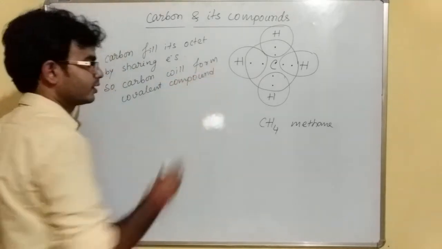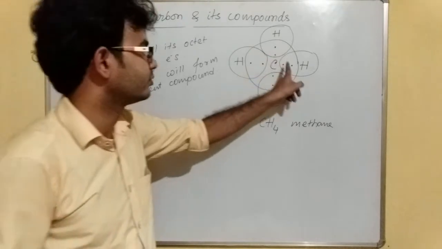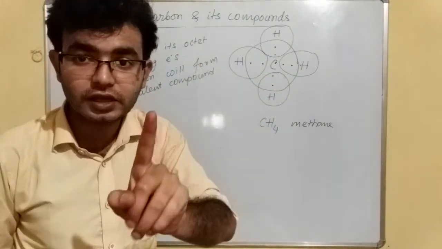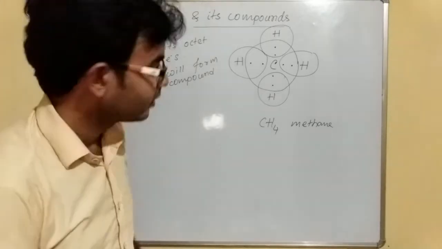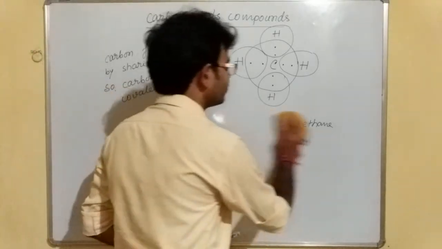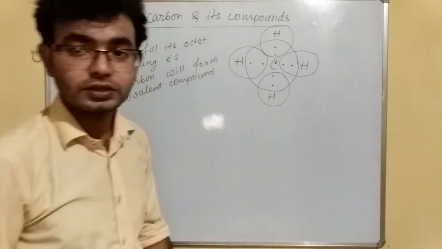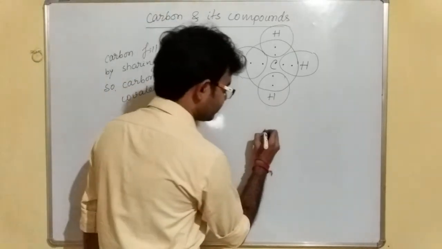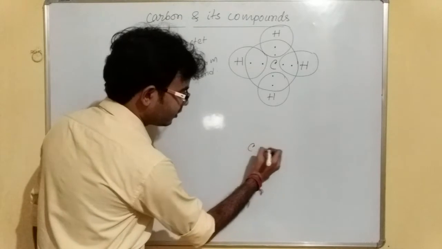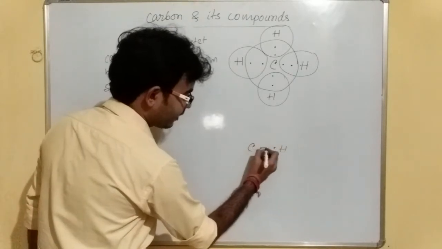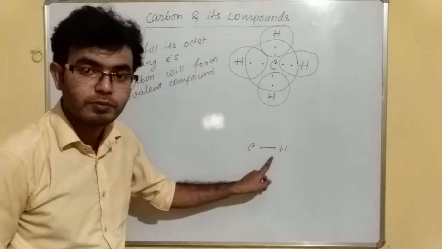Remember, the bond that is formed due to the sharing of electrons is called a covalent bond. Okay, what is a covalent bond? The bond that is formed due to the sharing of electrons. Now this carbon has shared one electron with hydrogen, so it will form a bond.